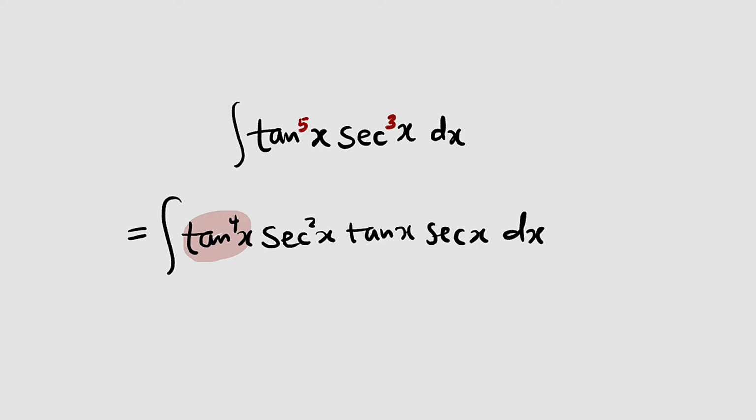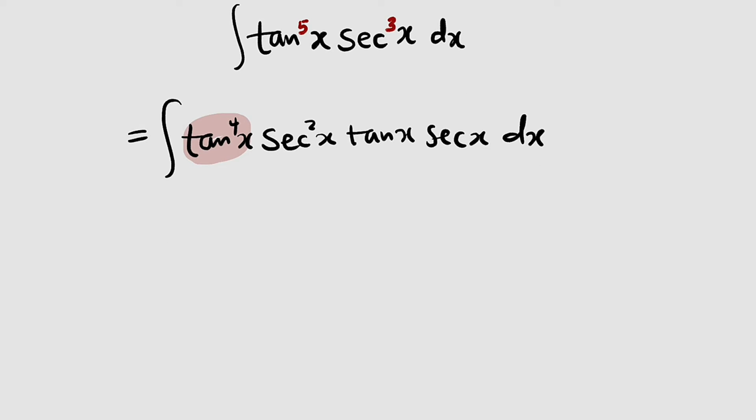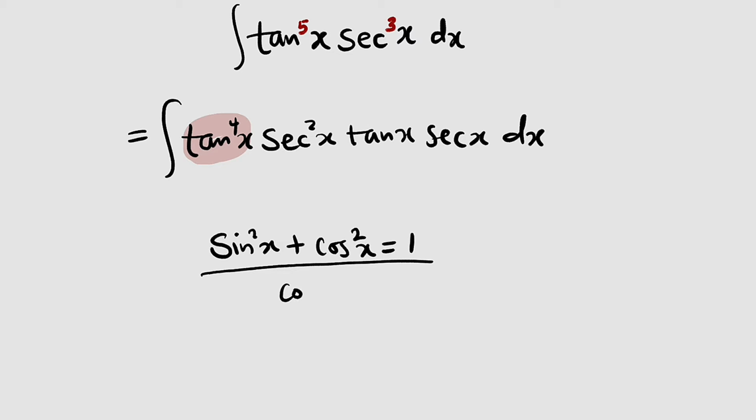Tan to the fourth of x is the same thing as secant squared minus 1 all squared, but I promise to show all details, so let me show that. Remember that sine squared x plus cosine squared x is equal to 1. What if we divide both sides by cosine squared x?